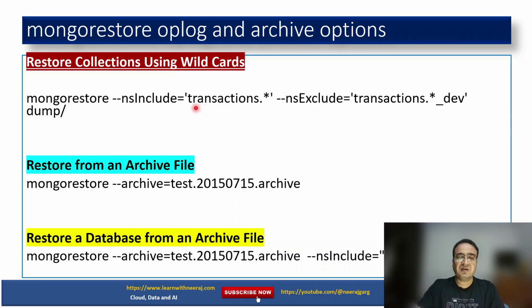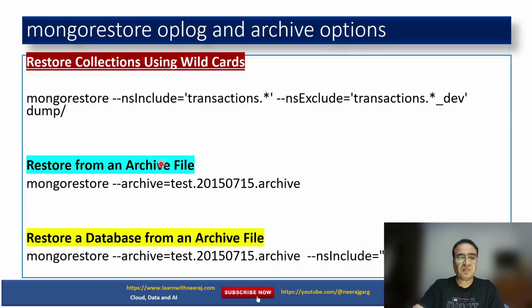You can include all the collections, because that dump may have multiple databases. You can have this transactions database, or any database which you have, and all the collections should be included. Similarly nsExclude is also there, using which you can exclude certain collections.